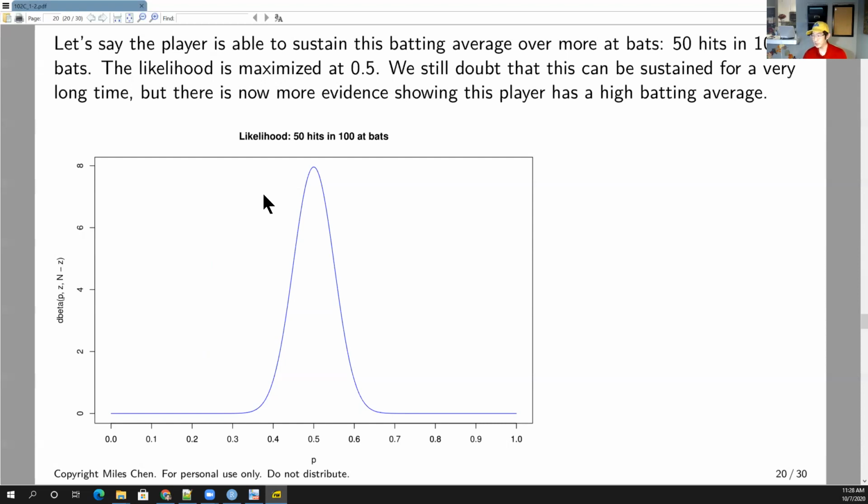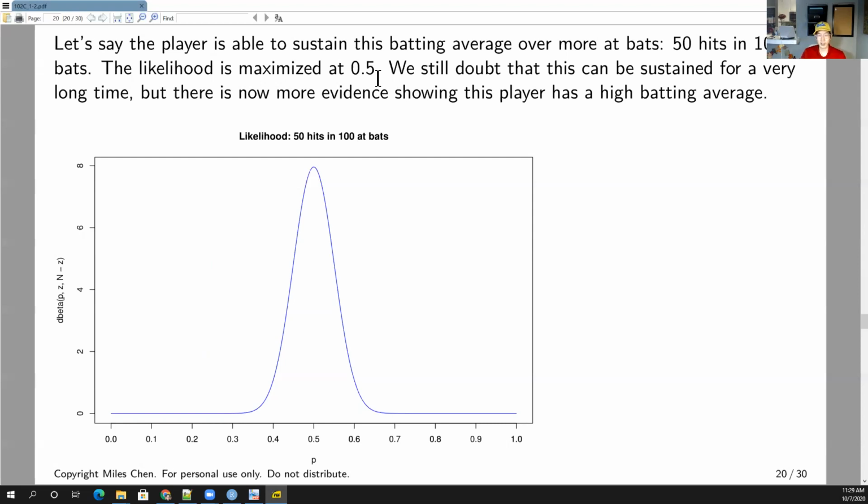For this player, if you took frequentist statistics, the likelihood is maximized at 0.5. But again, we would say this cannot be sustained for a very long time.